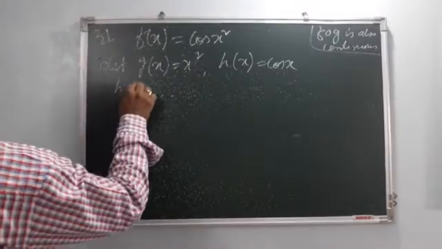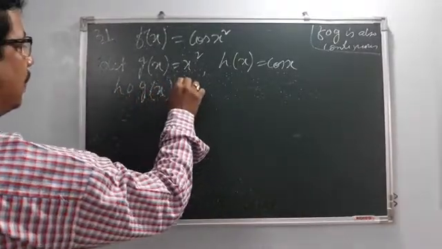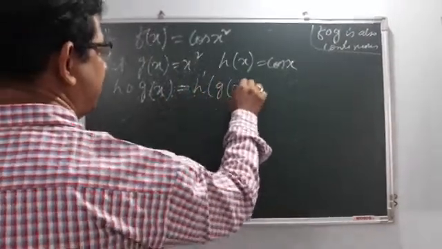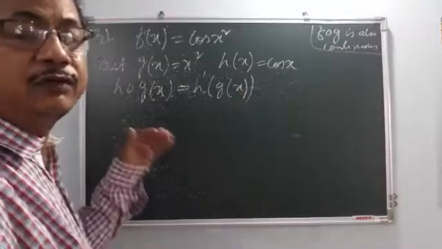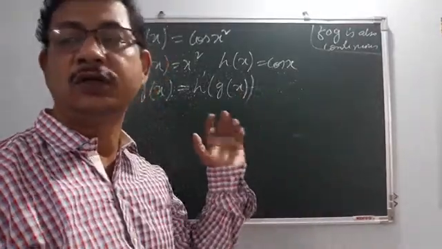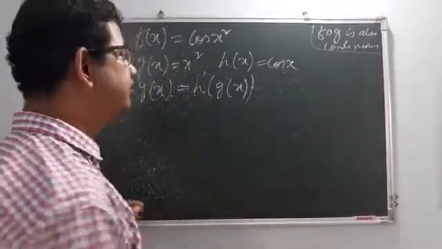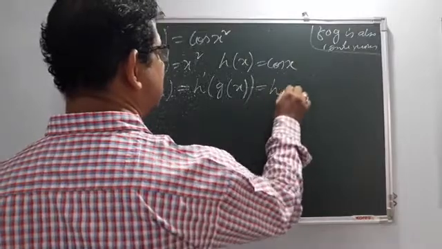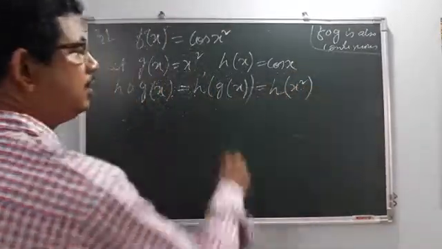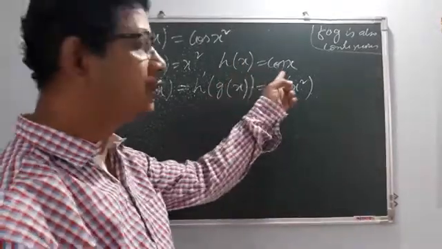Now see, if we write h o g(x), this will give what? h(g(x)), according to the definition of composite function from chapter 1. Chapter 1, relations and functions, that we have done, so we are using it here. Then h(g(x)), here it is x square, I have written the value of g(x). Now see, h(x) is cos x.